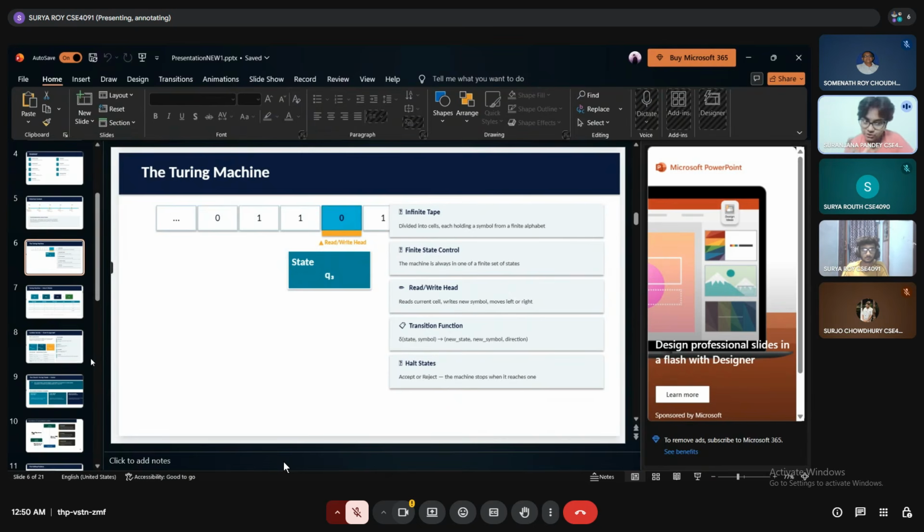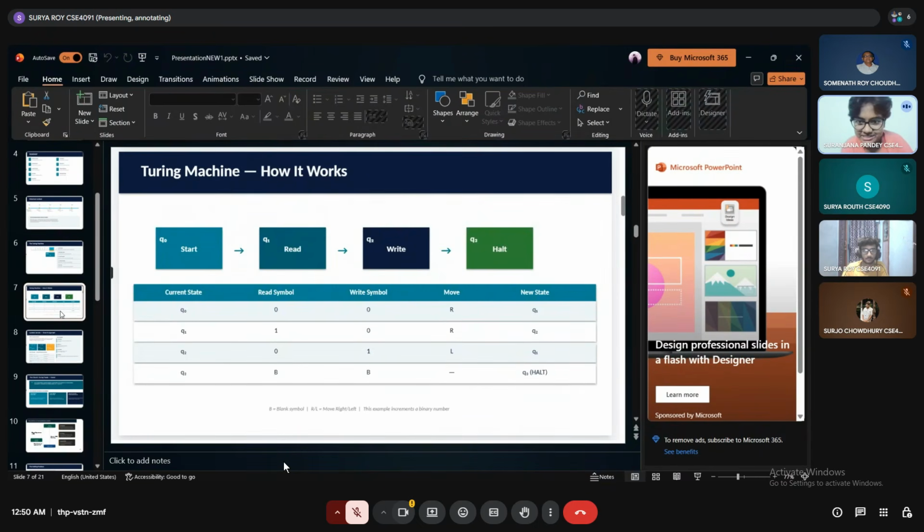The finite control is the predefined set of rules that decides what action needs to be taken by the machine. So together they work and form the entire machine. The next slide, please. I think we have an example after this.